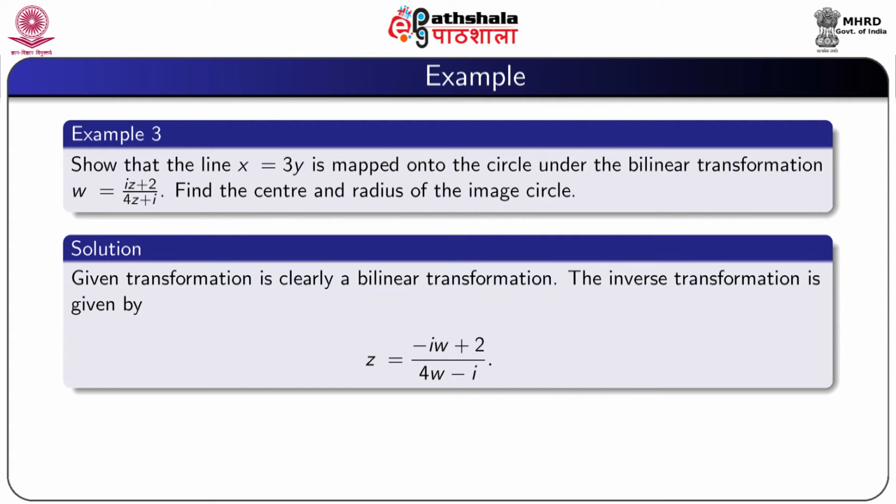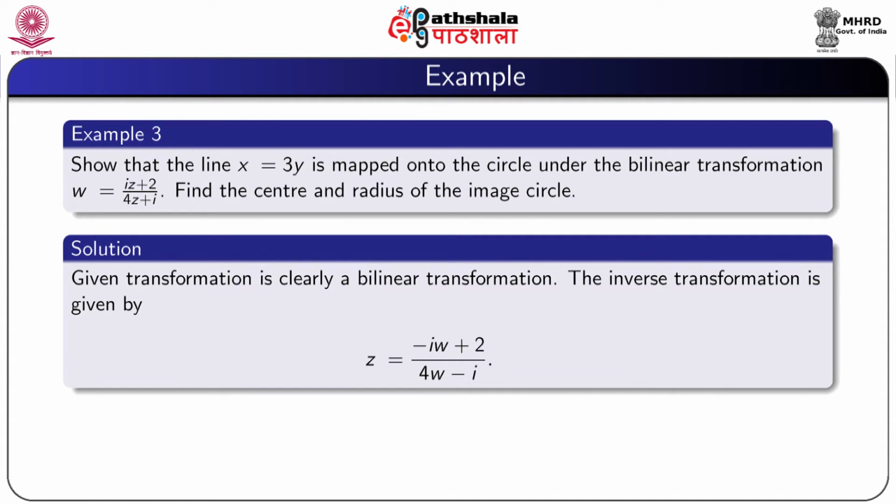Here the given transformation is W = (iz + 2)/(4z + i). Therefore, AD − BC = −9, not 0. Therefore, the given transformation is a bilinear transformation.